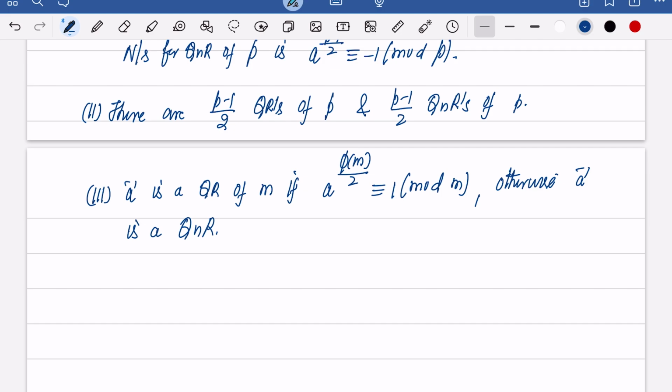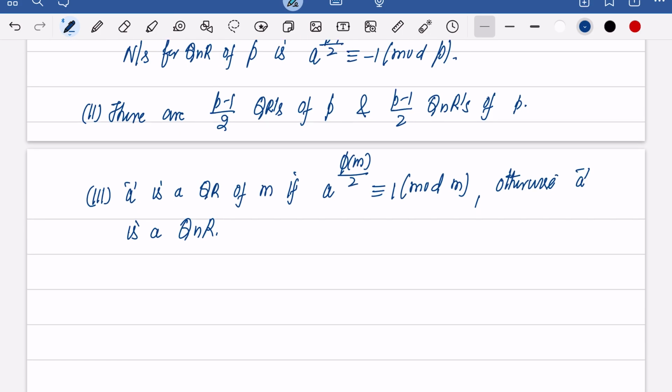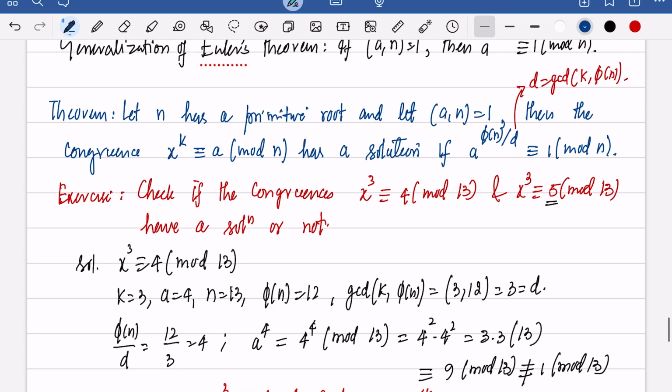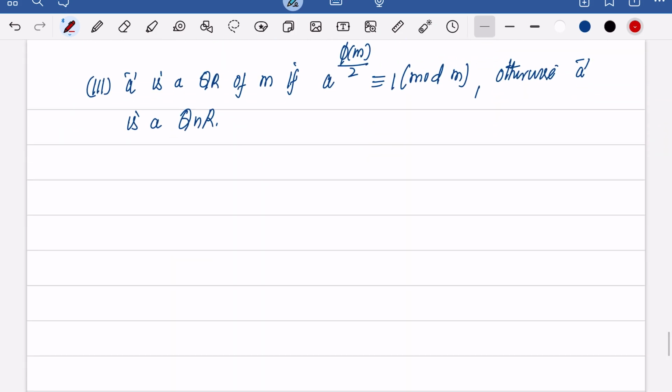Therefore, in order to check whether a given integer is a quadratic residue of m or not, we just need to verify whether a to the power phi(m)/2 is either 1 or not equal to 1. This actually comes from the theorem that we have mentioned at this stage. This theorem implies this result, a to the power phi(m)/2 should be congruent to 1 modulo m.